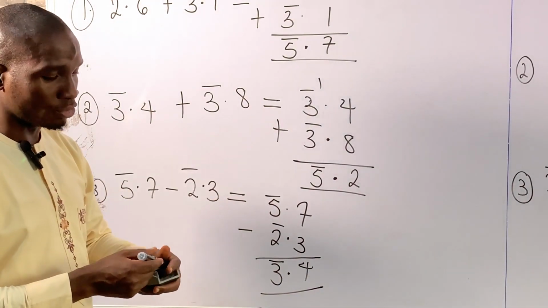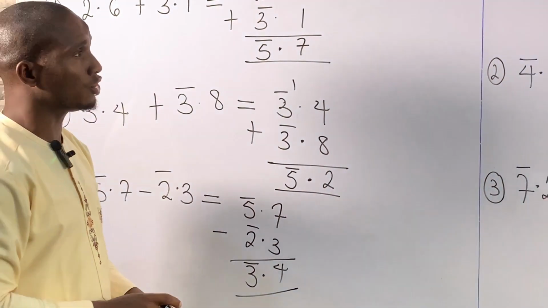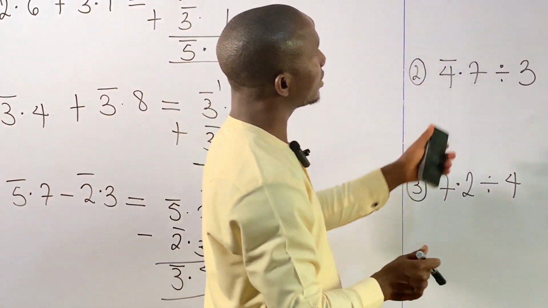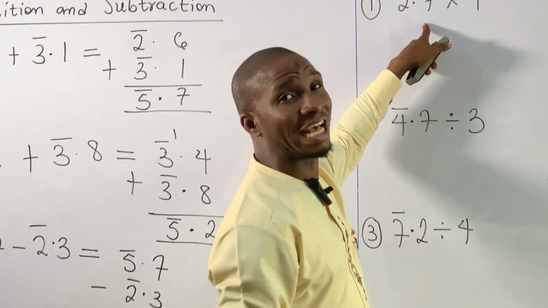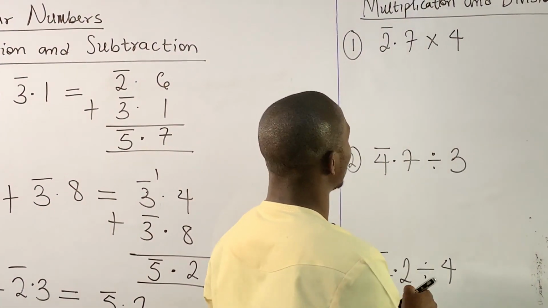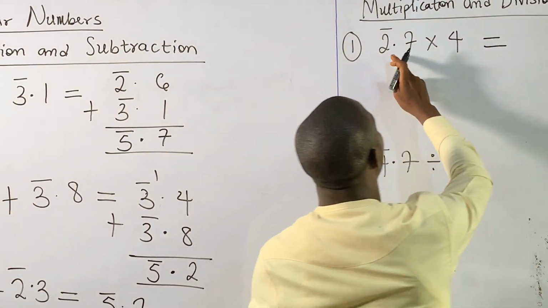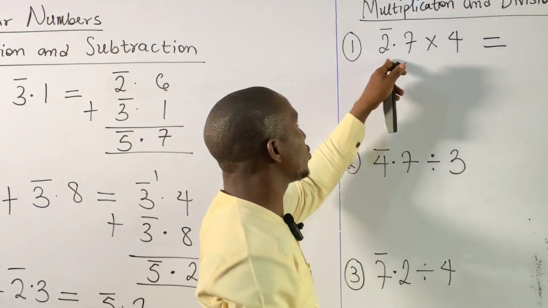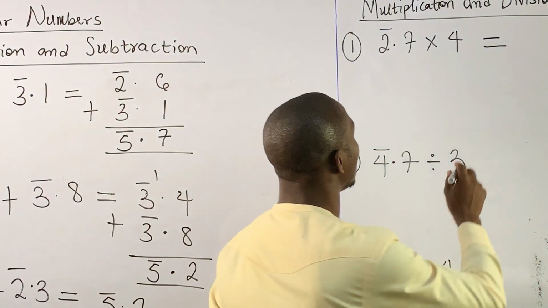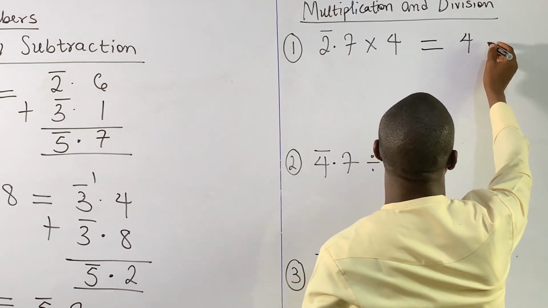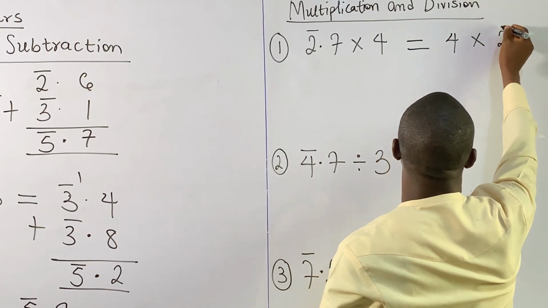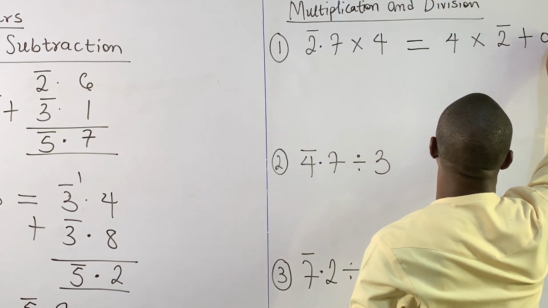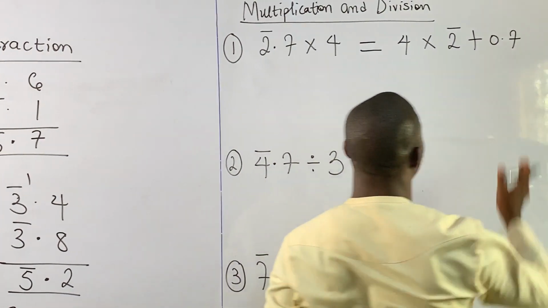Now, let's move on to the multiplication. Now, this is multiplication and division. Let's look at the first question. Bar 2.7 times 4. It means 4 is multiplying bar 2 and at the same time multiplying 0.7.